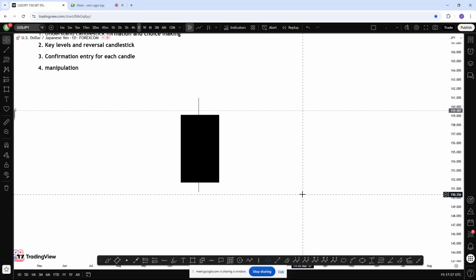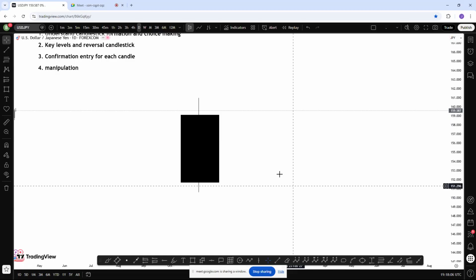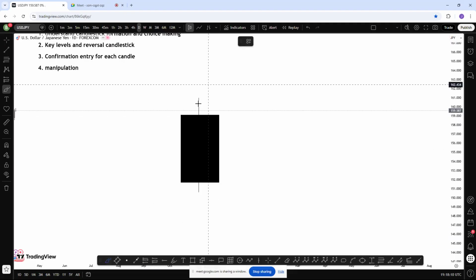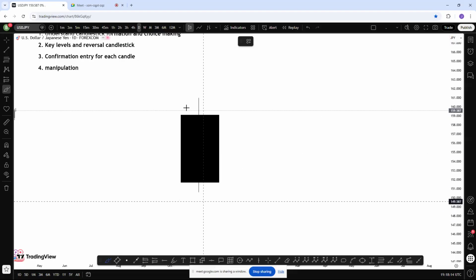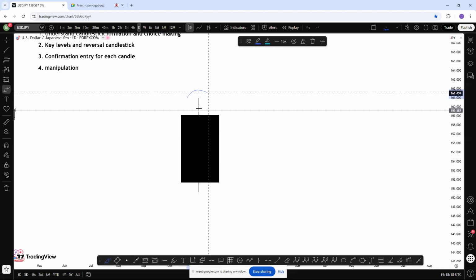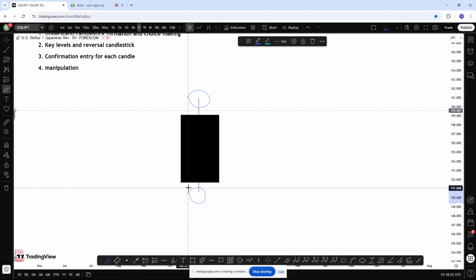Make sure you understand the candlestick you want to trade, because this will help you much when we go into the details. After that, always remember that your candlestick is going to create a wick on both sides most of the time.